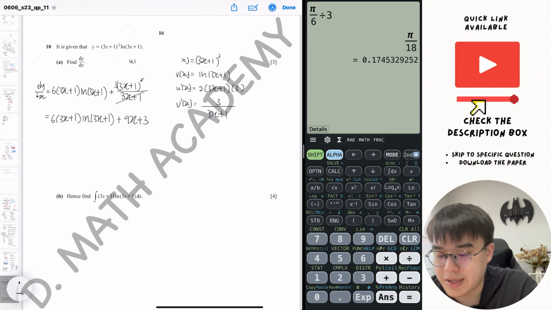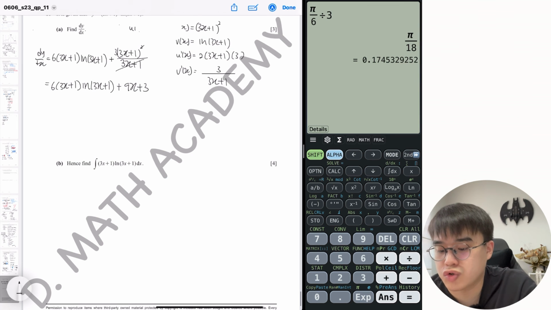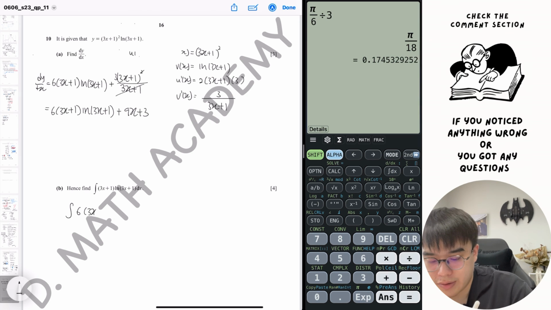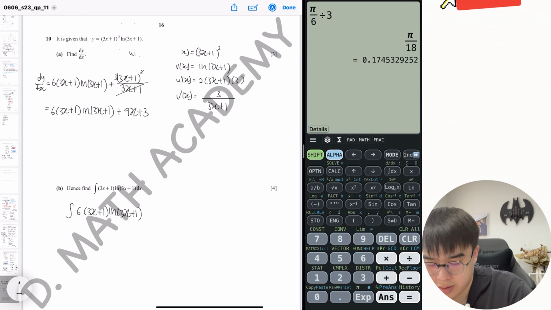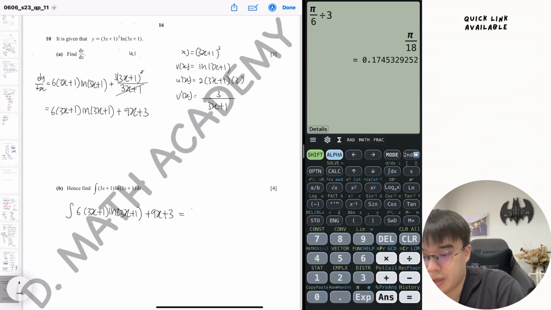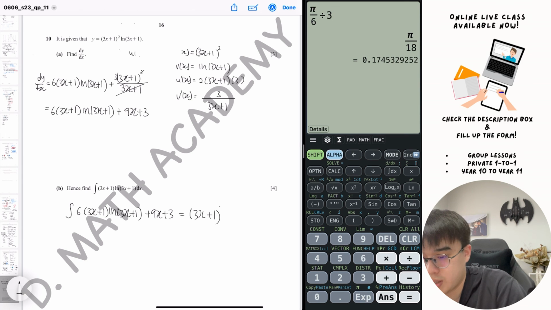And for section B, very likely we are supposed to use our part A's results. So if I ever differentiate or integrate this whole thing, I will get back to my original equation of 3x plus 1 squared ln 3x plus 1.